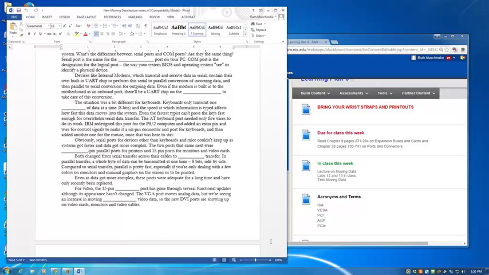In parallel transfer, a whole byte of data can be transmitted at one time, 8 bits going side by side. Compared to original serial transfer, parallel is pretty fast, especially if you're only dealing with a few colors on monitors and minimal graphics on the screen or being printed. Even as data got more complex, these ports were adequate for a long time and have only recently been replaced.